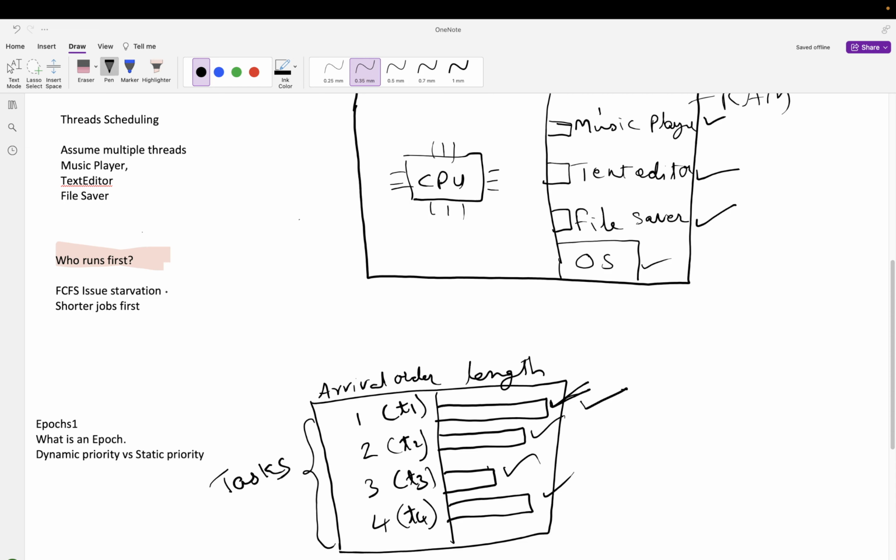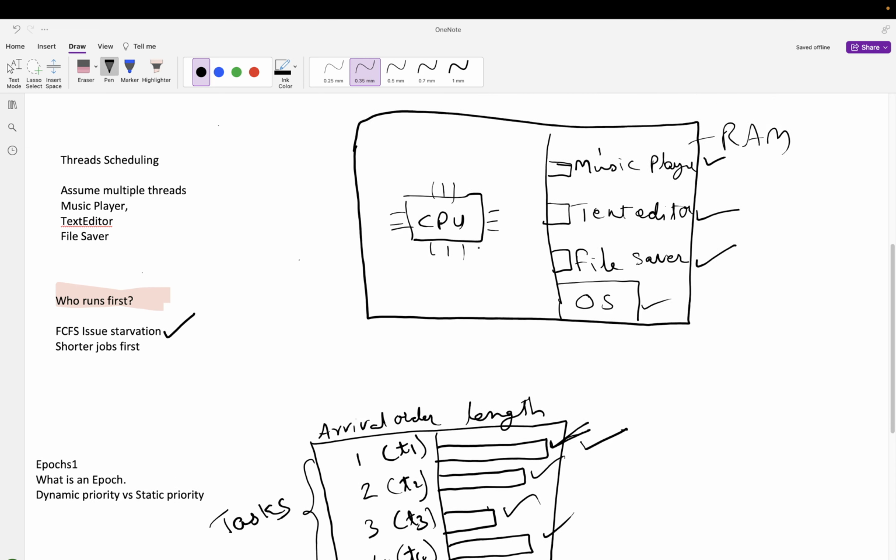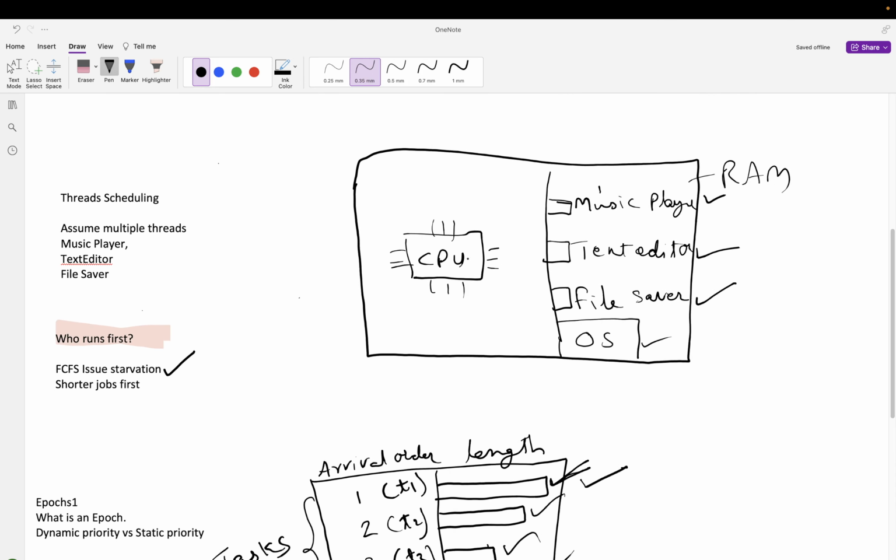If you go with FCFS, first come first serve, then if a long running task comes first, and after that there are more tasks which are smaller compared to the first arrived task, the tasks which arrived later might starve. So with the FCFS strategy, we might have a starvation issue.